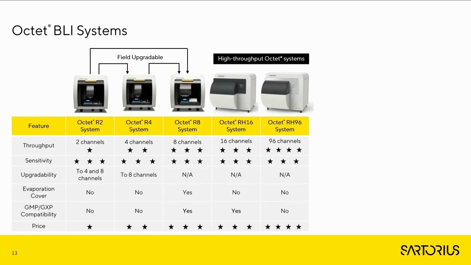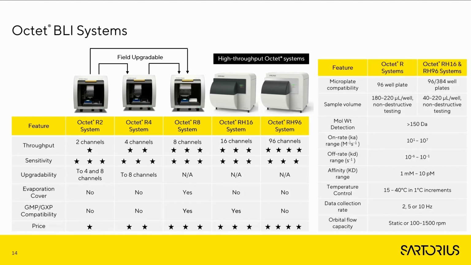With the high-throughput Octet systems, Octet RH16 and Octet RH96, you can accelerate discovery and get the maximal throughput. For example, the RH96 allows complete titer determinations for a 96-well plate of IgGs in just 2 minutes or provides 384 binding kinetics results in as little as 15 minutes.